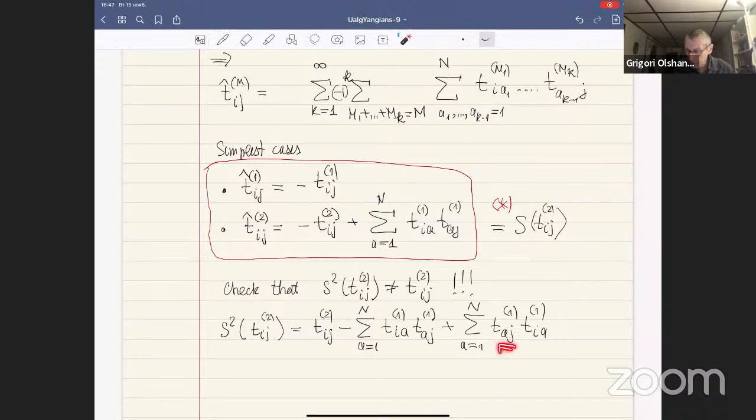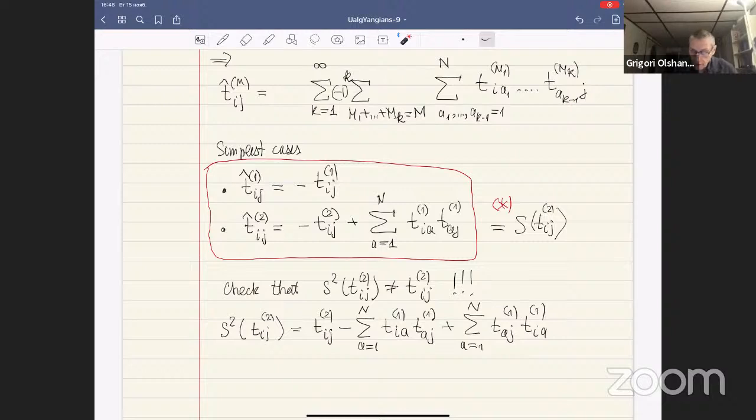If these letters are commuting, then there is a cancellation. But in our situation, they are not commuting. So we get some rest term, which is easy to calculate by using the commutation relation, which is the same as the commutation relations for the matrix units.